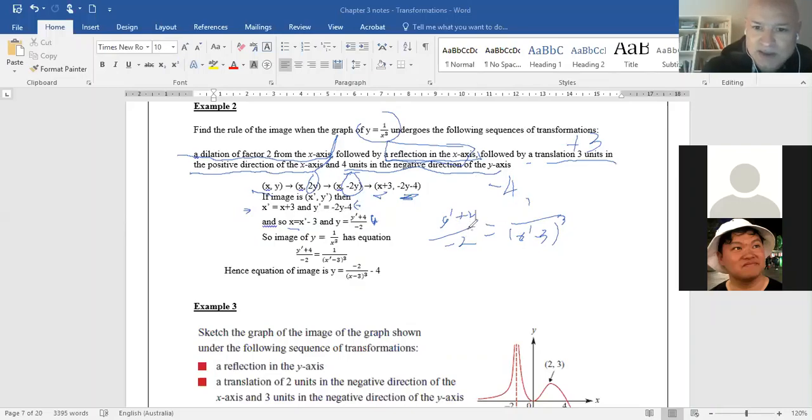Make y the subject, so times by the negative 2, and then subtract the 4. Forgetting about the dashes, I get y equals negative 2 over the x minus 3 cubed, and then subtract the 4. And that's how I get my image there.